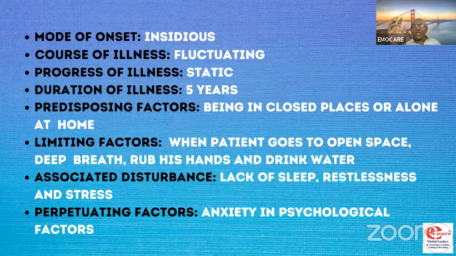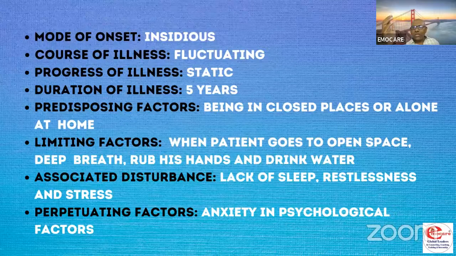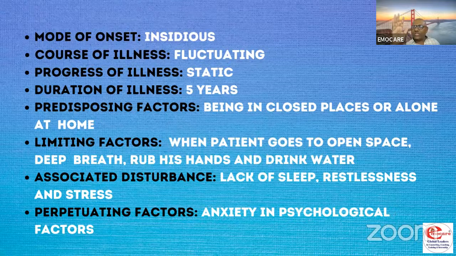For example, mode of onset may be sudden, or it may not be sudden. So here it is insidious. Course of illness is fluctuating because when he is at home with people, he is normal. Only when he comes into contact with a situation wherein no other person is there, or in closed spaces, he is getting the problem.